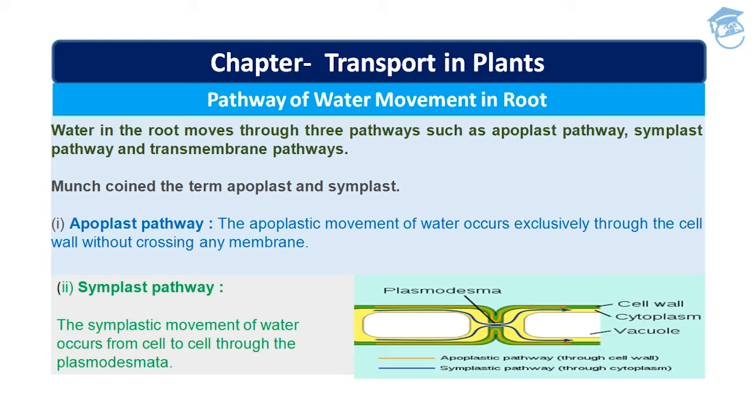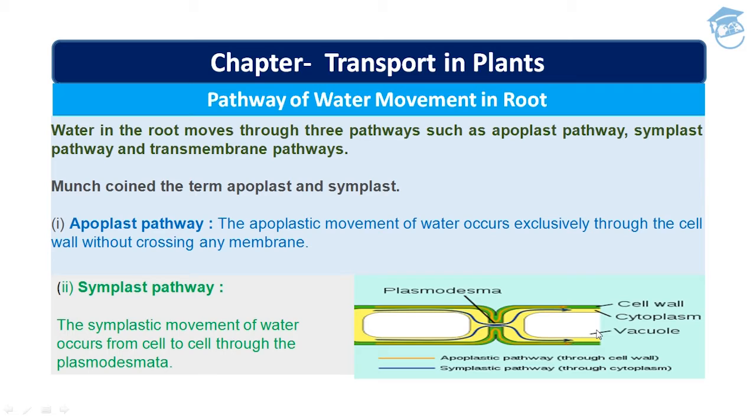Now students, please note that the symplastic pathway goes through the cytoplasm. This blue line represents the symplastic pathway. Here, movement of water occurs from cell to cell through plasmodesmata. Using the symplastic route, water and solutes move along the continuous series of cytoplasms from one plant cell to the next, just as you can see on screen.